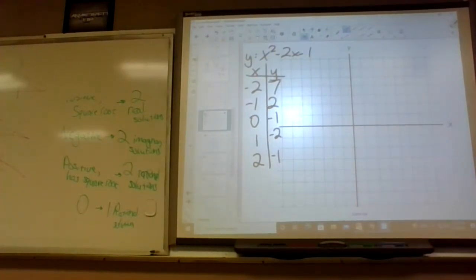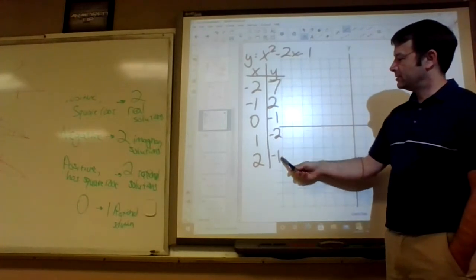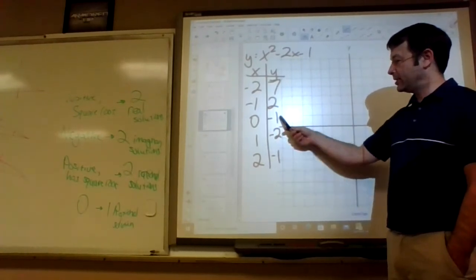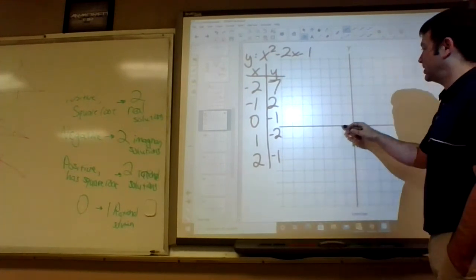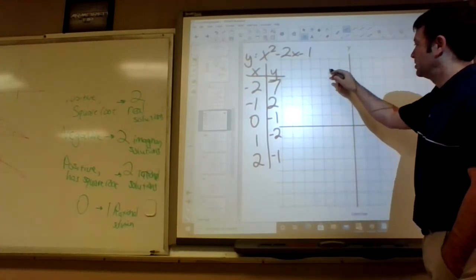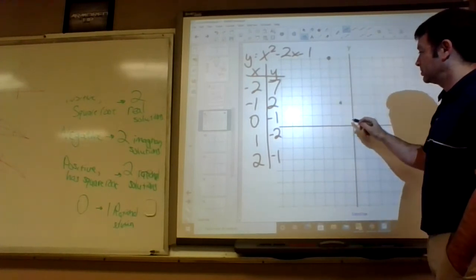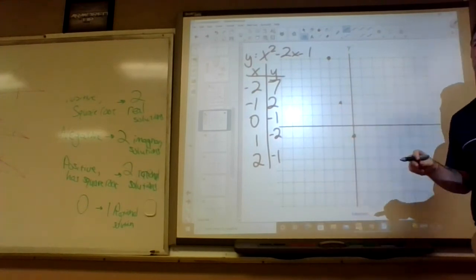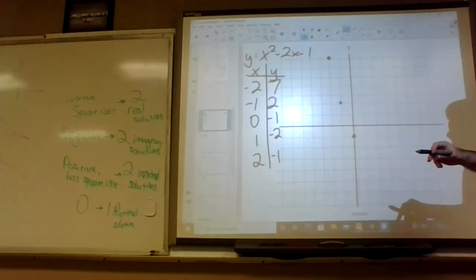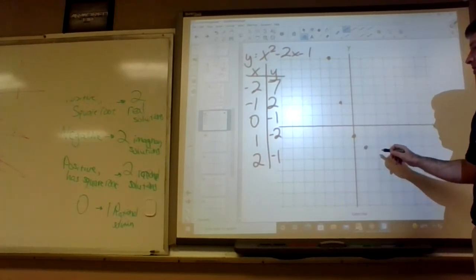You guys know where the middle of the graph's going to be? 0, -1. Well, see right here, they're both -1, so that means that's the middle. Anyway, graph those points, -2, 7. -1, 2. I think tomorrow we're going to be talking about how to find the vertex. It'll help with the graphing.